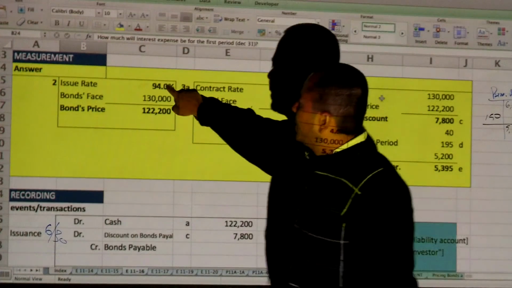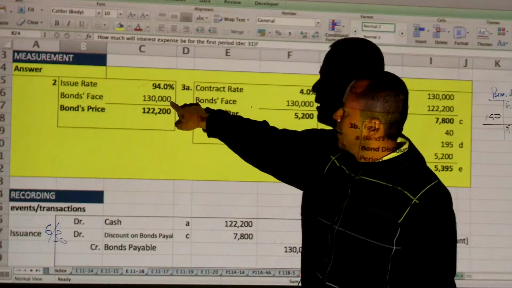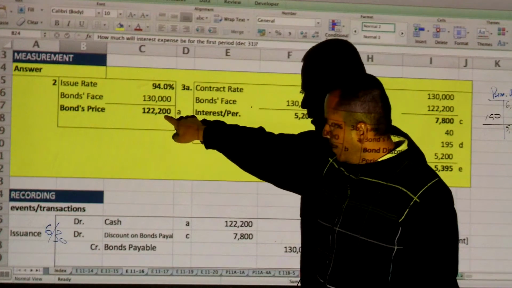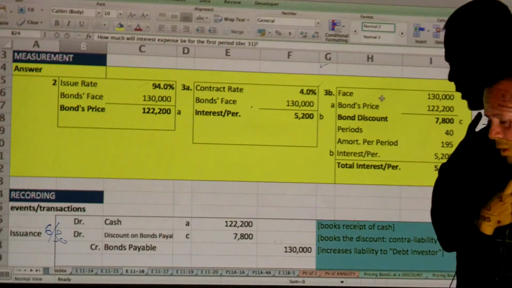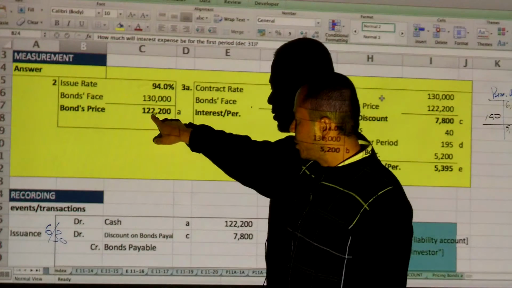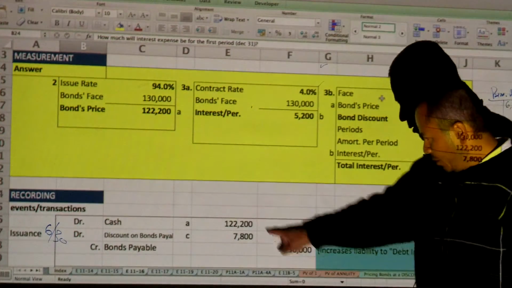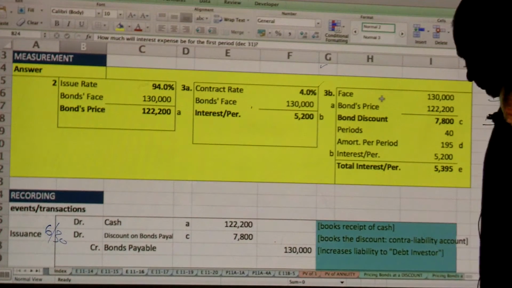So we simply take the issue rate of 94%, multiply it by the $130,000 face, the bond price or the proceeds we get from the investor. So we're going to be getting proceeds of $122,200. That's what this represents.